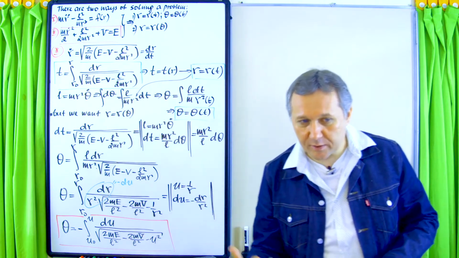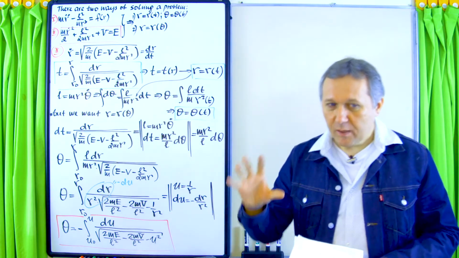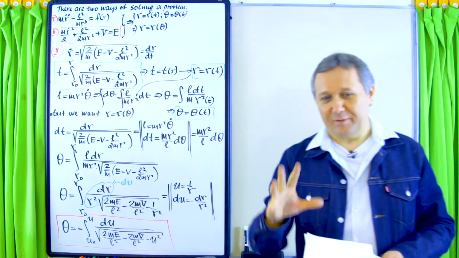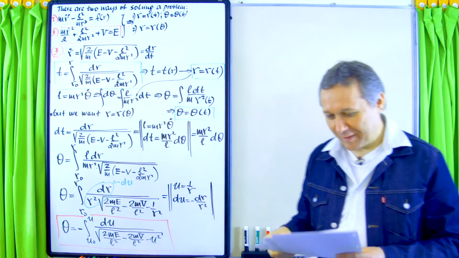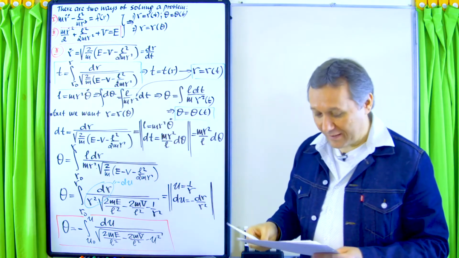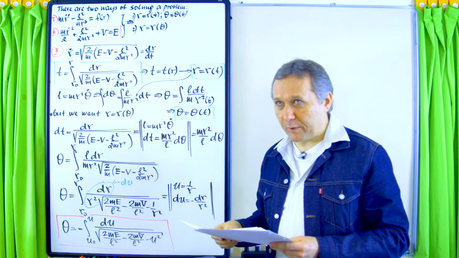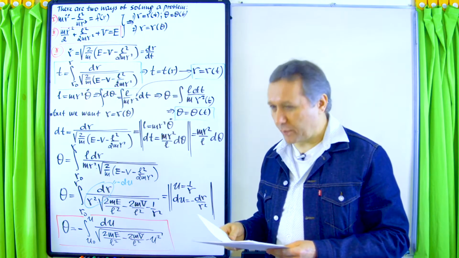and you're supposed to get again an elliptical orbit, but the ellipse will be positioned slightly differently. It will be shifted, not like in the Kepler problem. In the Kepler problem, when you get the equation of an ellipse, it's not canonical.